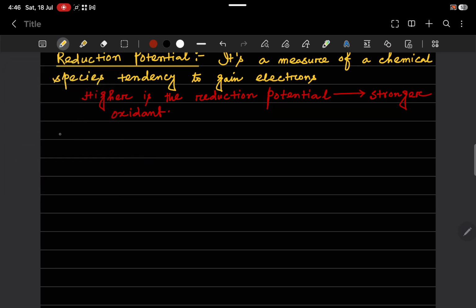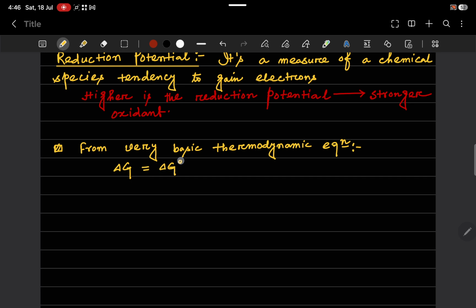From a very basic thermodynamic equation, delta G equals delta G0 plus RT ln K equilibrium.